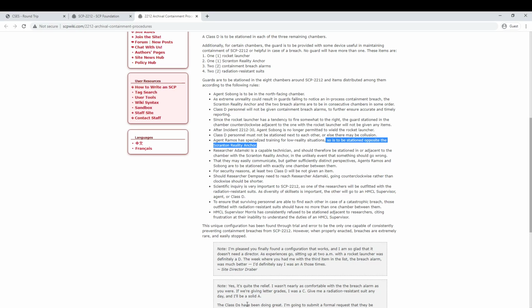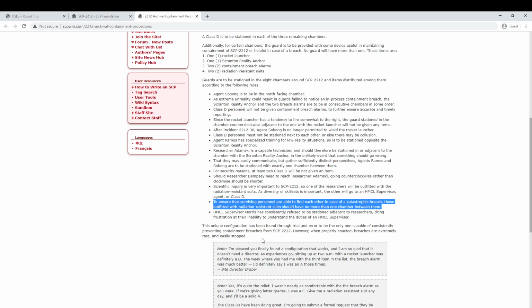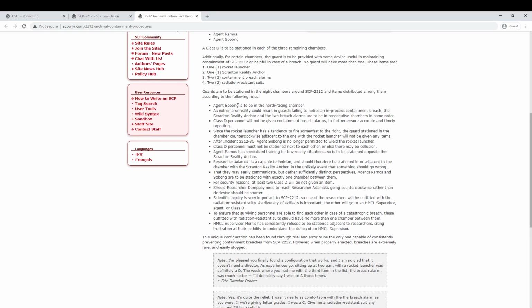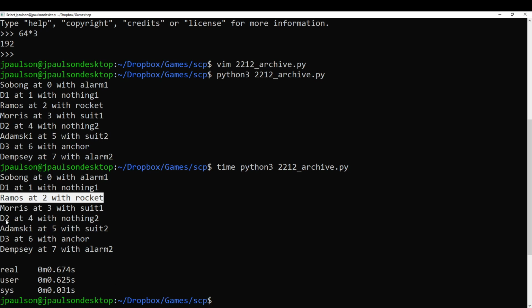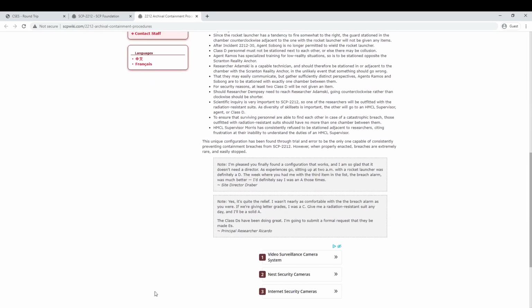The suits should have no more than 1 chamber between them. So 3 and 5, it's close. And Morris does not want to stand next to the researchers. So Morris is next to Ramos, who is an agent, not a researcher, and one of the class D people. So all these conditions are satisfied.